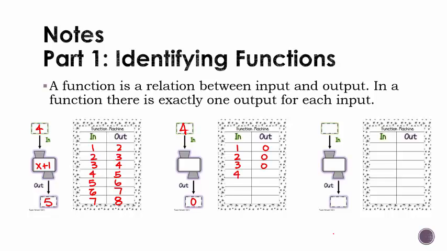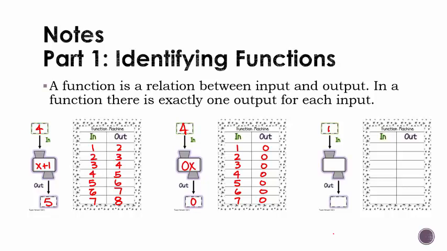Whatever I plug in, I get out 0. Go back to our properties. This would be 0 times x. I get the same thing every time. So for each one of these, there's only one output for each input. Sometimes it's exactly the same output for every input, but there's only one.